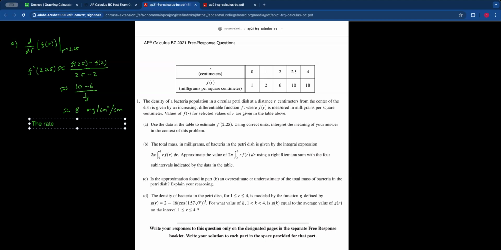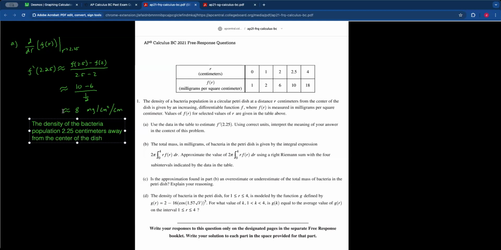Yes, F is density. So the density of the bacteria population 2.25 centimeters away from the center of the dish.